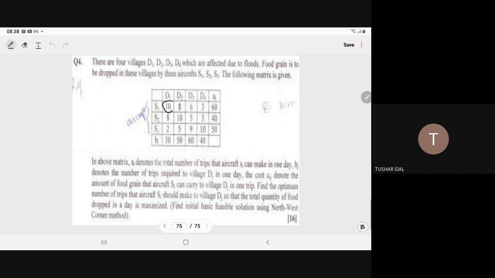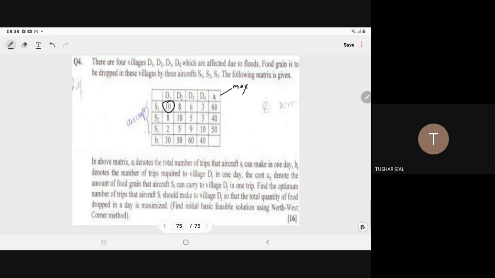This 10 means you are taking 10 units of food grain by aircraft S1 to village D1. Because this is a flood situation, you want to maximize this supply to all villages, so the transportation problem is one of maximization.